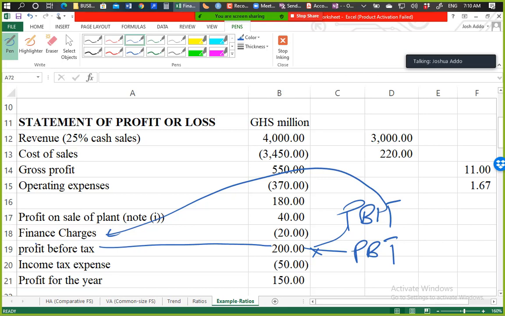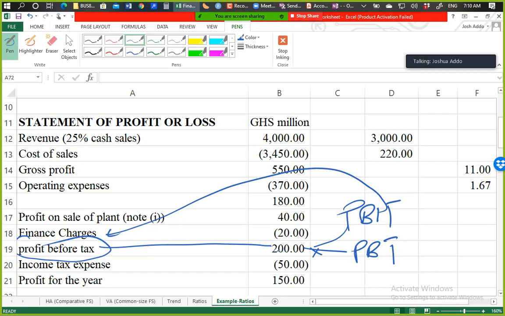If you look at this figure, it is profit after charging finance costs or finance charges, which is the same as interest. This figure is profit after we have charged this. So we have charged finance charges or interest before we arrived at the 200. So it is profit after, but we don't want it after. We want profit before interest and tax.